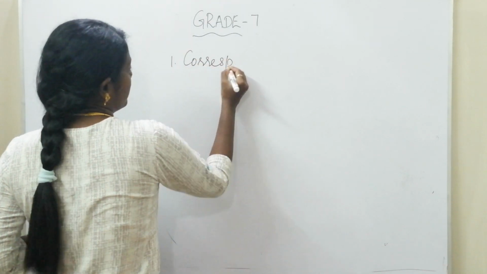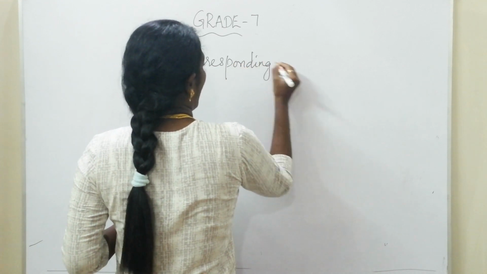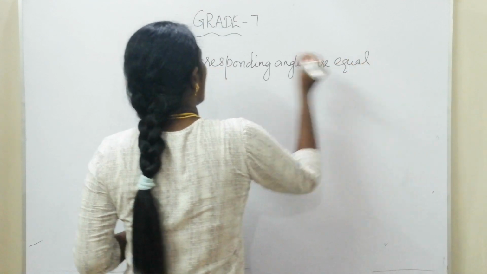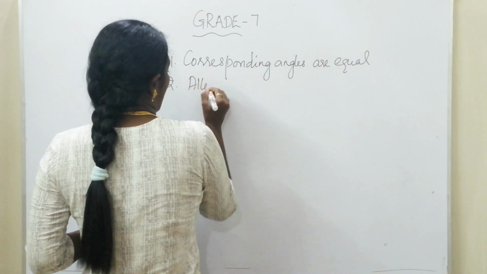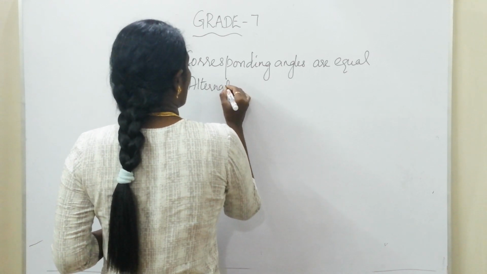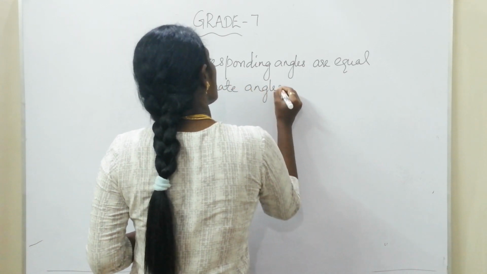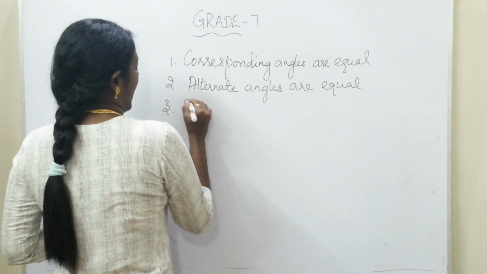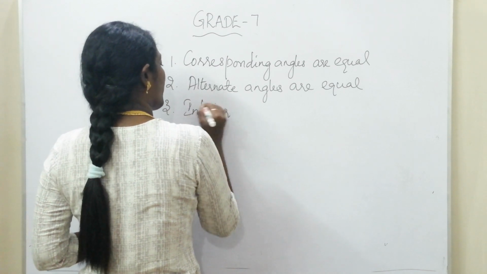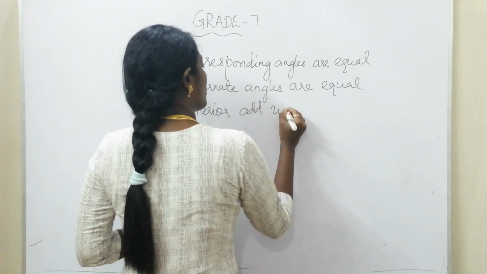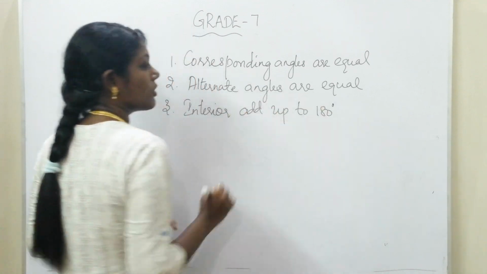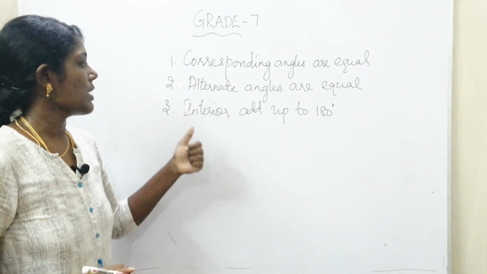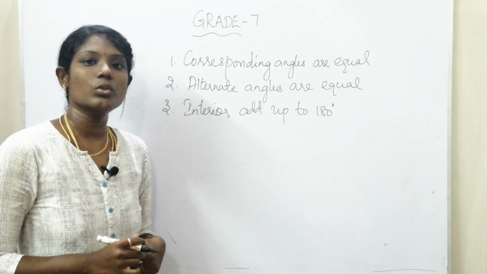Corresponding angles are equal, alternate angles are equal, and interior angles add up to 180 degrees. So these are the 3 properties that you are going to learn in parallel lines: corresponding angles are equal, alternate angles are equal, and interior angles add up to 180 degrees.